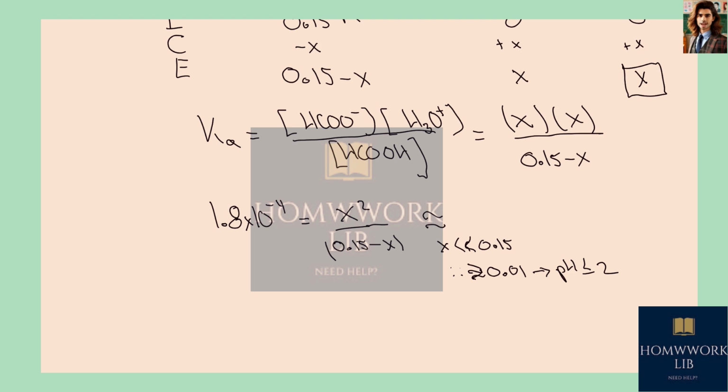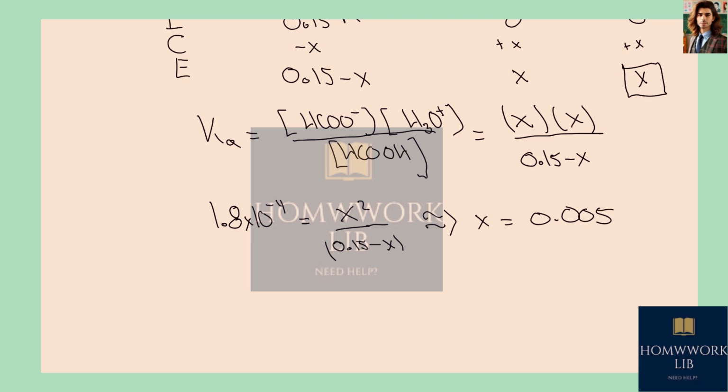Okay, so what we're going to do is solve it both ways. First of all, I'm going to show you the result if we solve the quadratic equation. By solving the quadratic equation, the result that we get is x equal to 0.005.